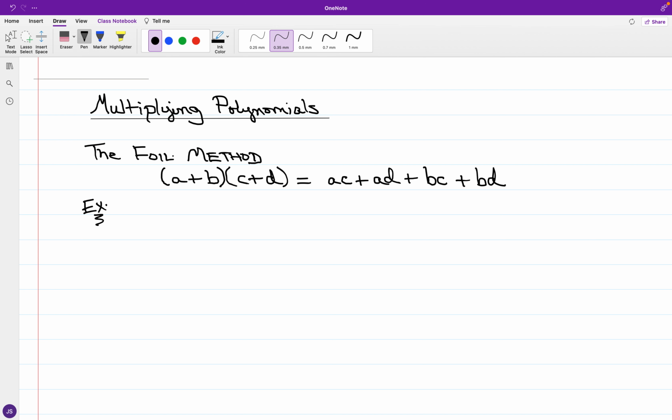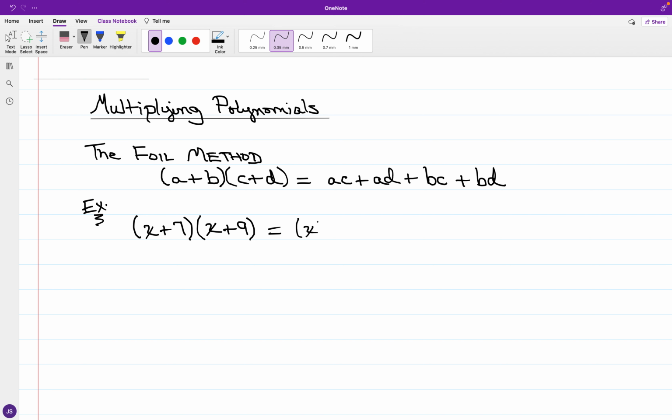Now looking at algebraic expressions, let's say we have a couple of binomial expressions, x plus 7 and x plus 9. If we look at multiplying them together, a and c are represented by the x's.